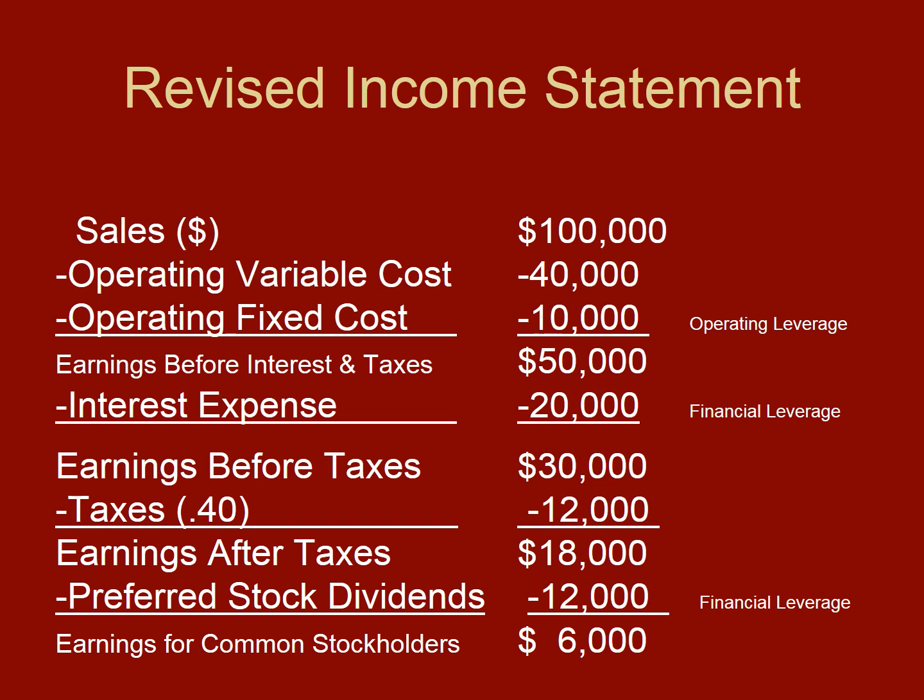So the way this revised income statement looks is we have sales minus our operating variable cost. Again, our operating variable cost might be our hourly wage earners. Utilities can be a variable cost, right?